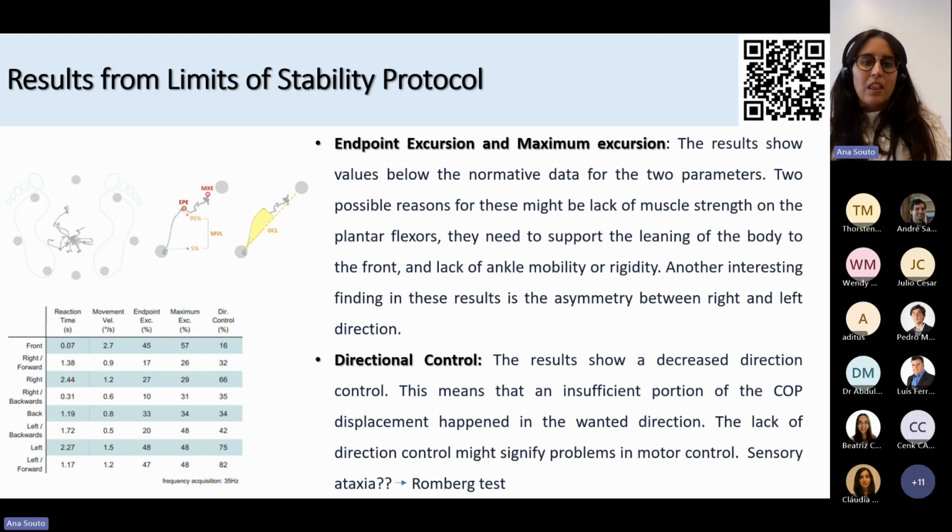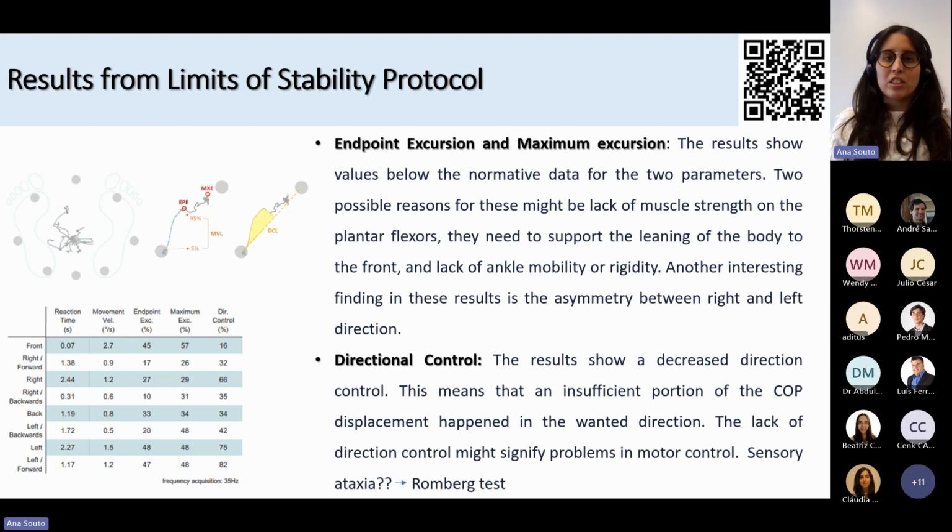Then, just to finish the parameters from the limits of stability, and I think this one is also very important, is the directional control. Imagine that you draw a line from the center position to the target that you want to reach.